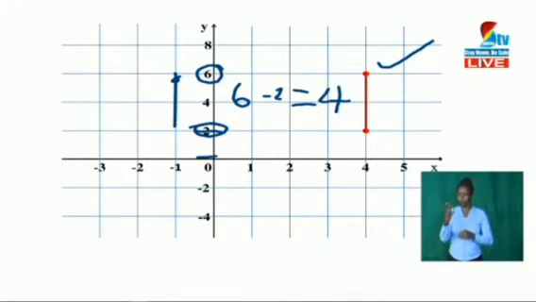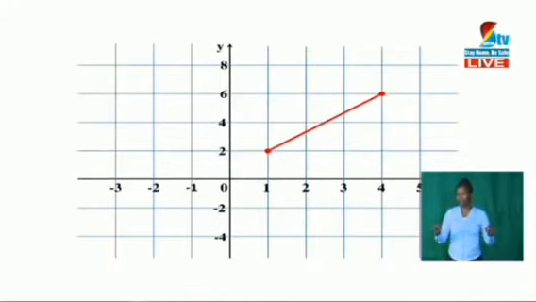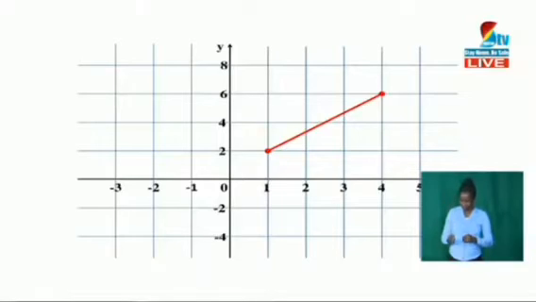Let's continue to another line segment, a third line segment, this one. Remember, we should be able to find the length of a line segment. So here is another line segment, quite different from the previous two lines. Can you find the length of this line segment?